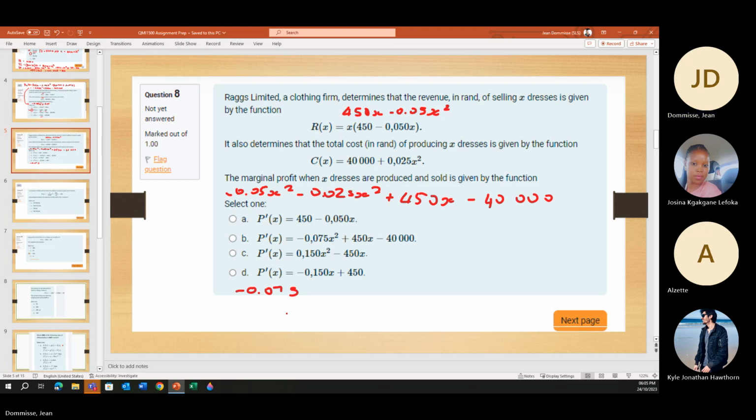So if I times that by the 2, I would have gotten 0.15x. Remember that 2 that needs to go to the front. And so this would have been my total profit. And this will be my marginal profit.